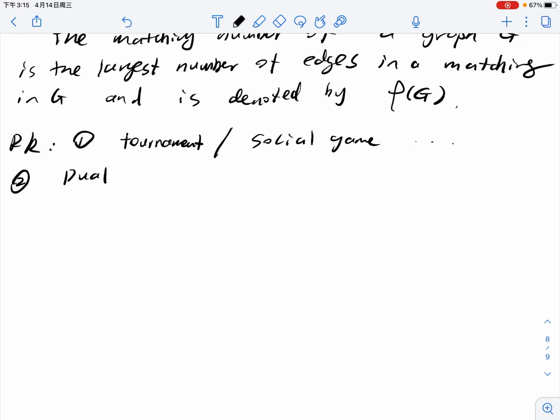And then we want to say that this matching number is related to independence number, but you need to change your graph a little bit. It's called the dual version, though it is not exactly the dual version of the independent set.